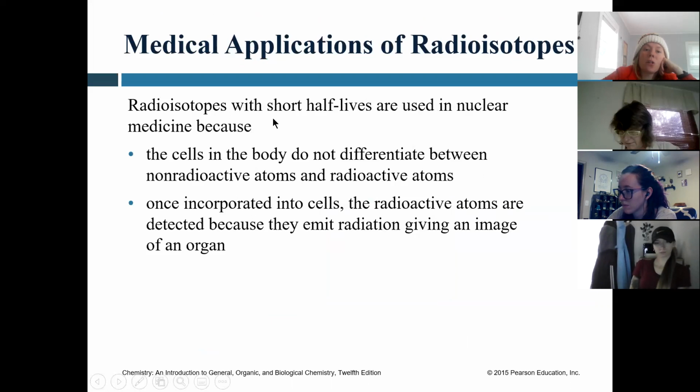So radioactive isotopes with short half-lives are used in nuclear medicine because the cells in the body won't differentiate non-radioactive atoms and radioactive atoms. And once incorporated into the cells, the radioactive atoms are detected because they emit radiation, giving an image of the organ. So you consume this radioactive material in some way, and it will get digested by your body in the cells of your body. And then once it's in your cells, it will emit different types of radiation, and then a piece of equipment will absorb that radiation, and it'll make a picture of the soft tissue of your body.